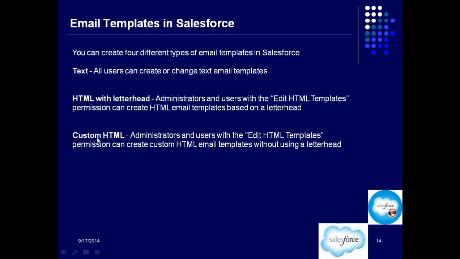In the third one you can format by writing HTML code. So you have to write HTML code to do the formatting for this third one. You must either know HTML or obtain the HTML code to insert in your email template. So this third one only recognizes HTML code.